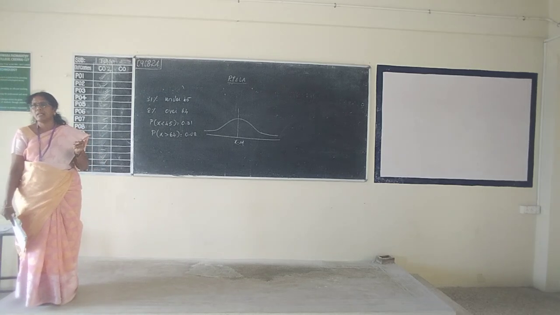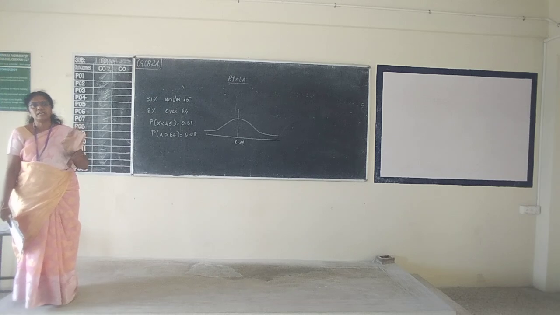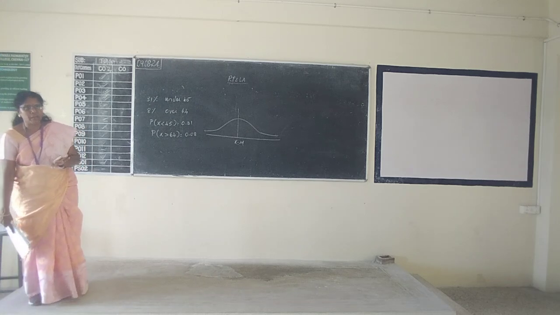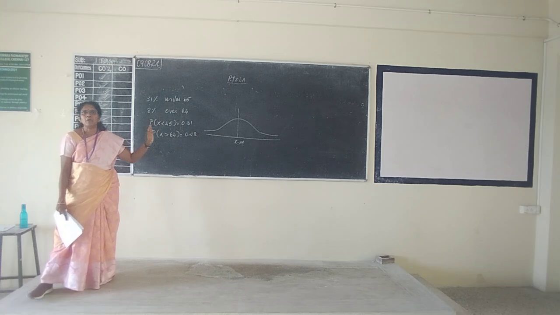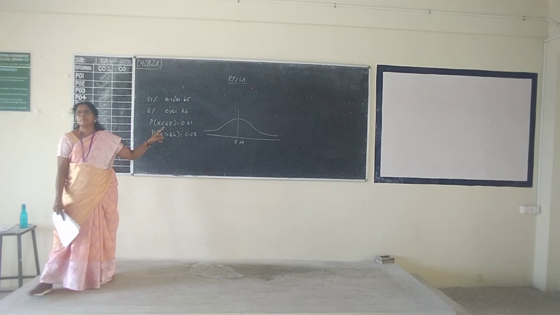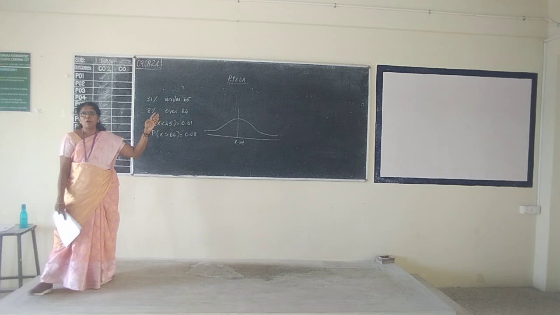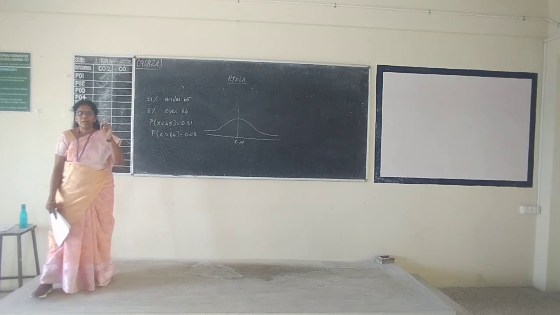What is the left side area? 0.5. What is the right side area? 0.5. 50% here and 50% there. The left hand side goes from 0 to 0.5, and the right hand side from 0.5 to 1. This is one way of doing it.